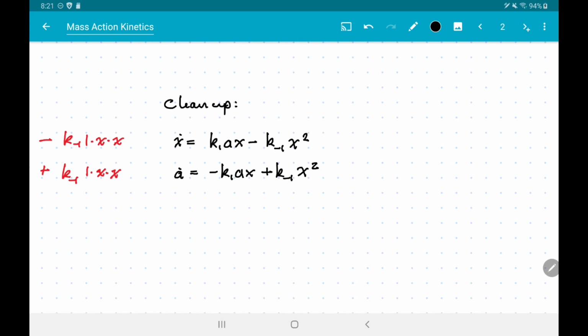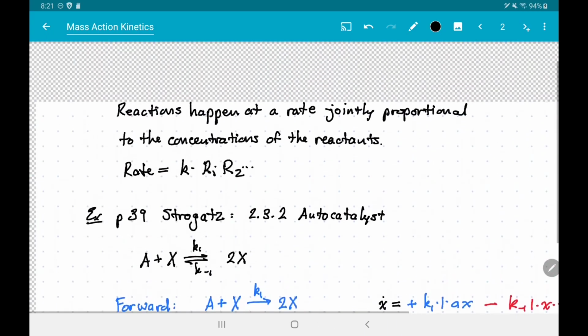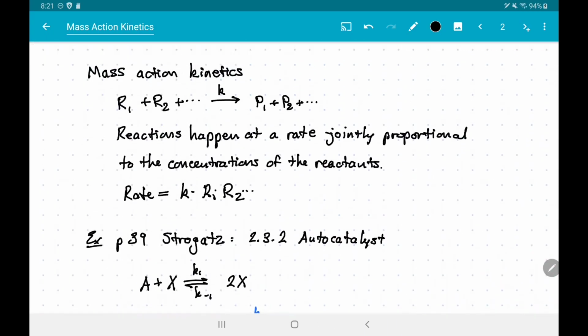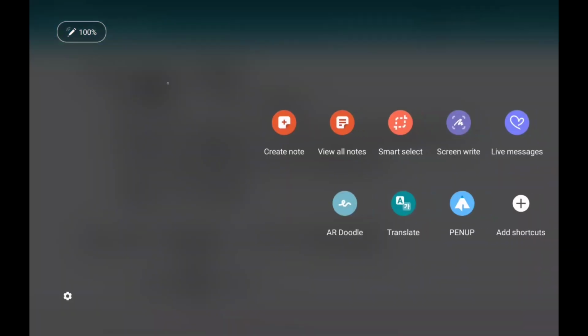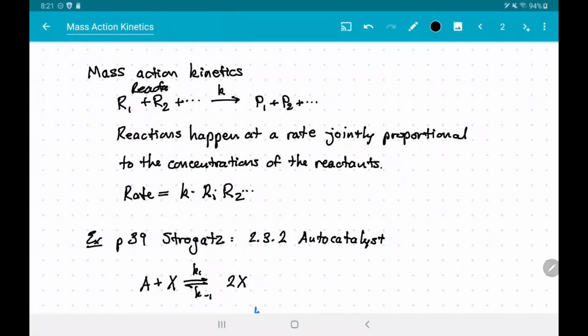But that's the derivation. So again, to summarize what's happened, for mass action kinetics, you assume that you have a well-mixed solution. You keep track of the concentrations of all of the reactants, over here, and the products. The reaction happens at a rate jointly proportional to the concentration of the reactants.